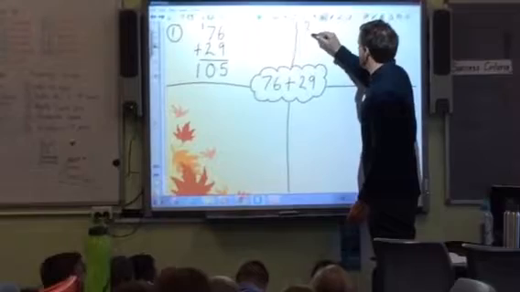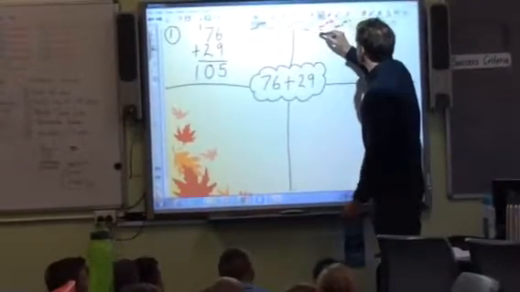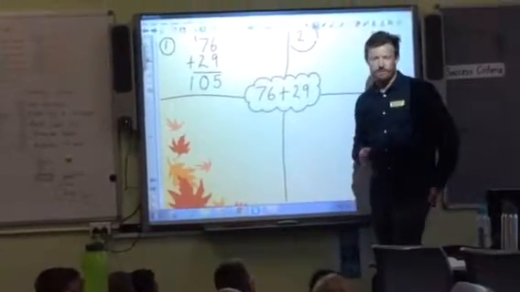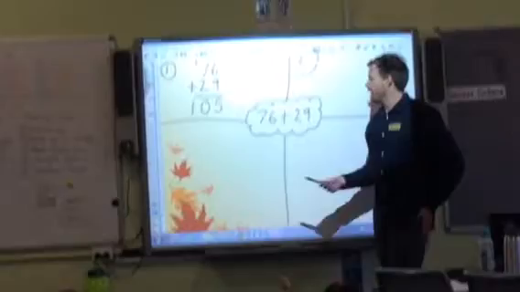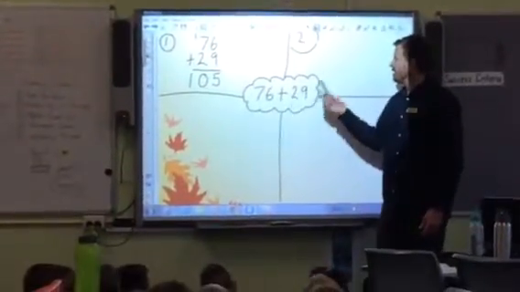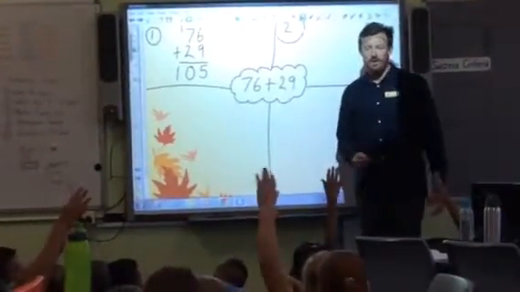Over in number 2, I have to now use MAB blocks. Now tell me, I don't just do the answer, I need to create the question using MAB blocks. Who can tell me what I need for the 76?